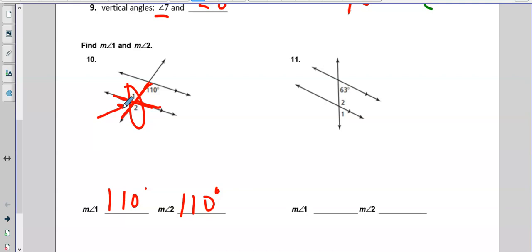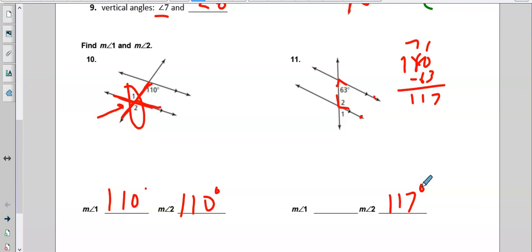Number 11, we have an obtuse angle and acute angle, both on the interior, same side, consecutive. If these lines are parallel, that means those two angles are supplementary. So all I do is 180 minus 63 to find the obtuse angle of 117 degrees.